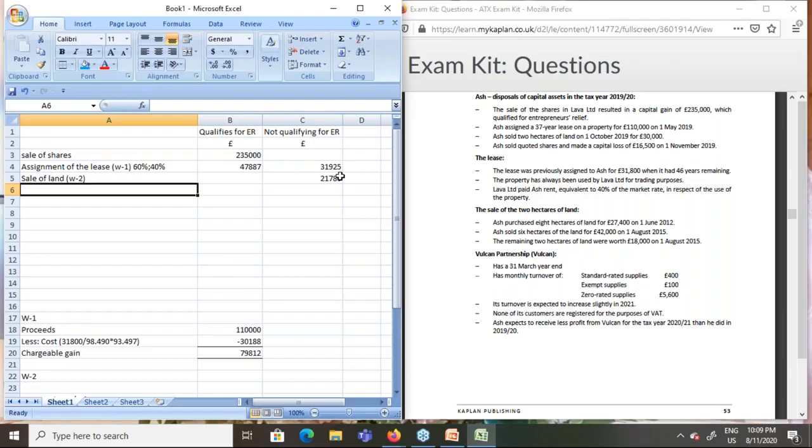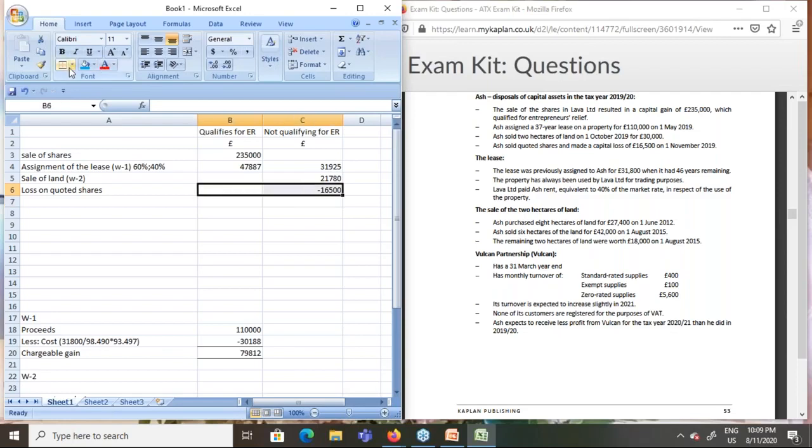So here, loss on quoted shares. Here, you don't have to do anything. The figure is given, 16,500.